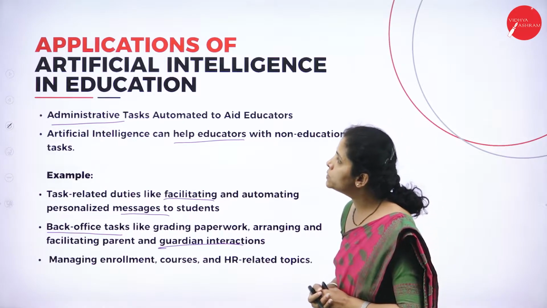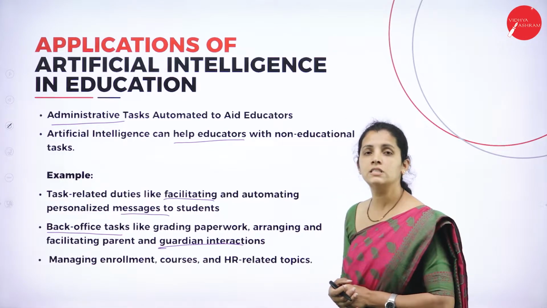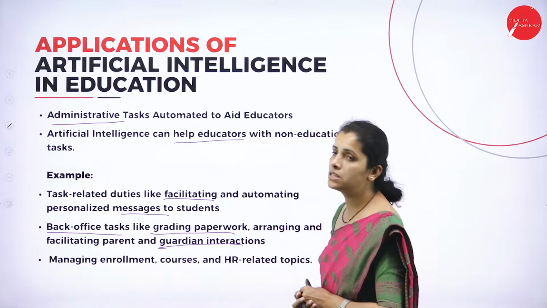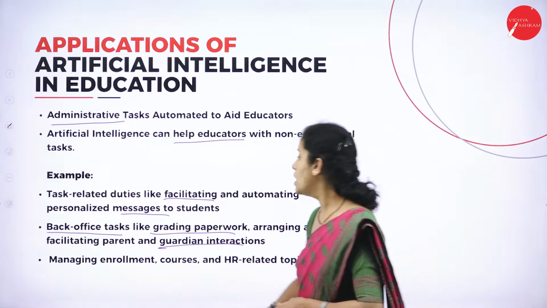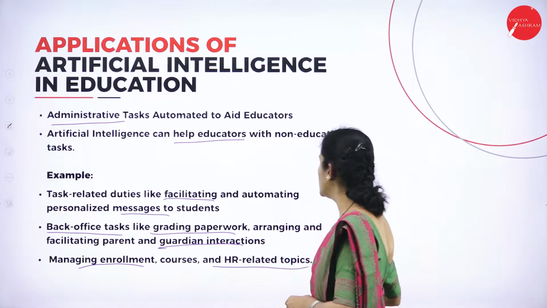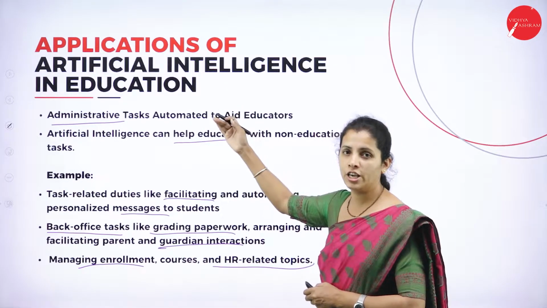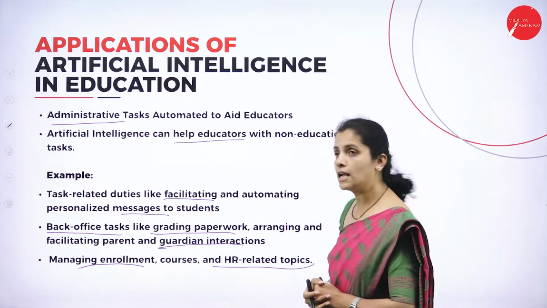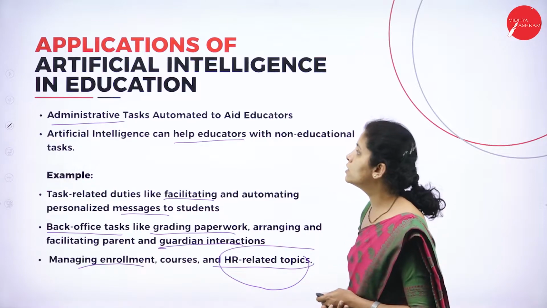So here by using artificial intelligence, we can improve back office work like grading paperwork, and arranging and facilitating parent and guardian interaction. It also helps to manage enrollment, course and HR related topics. That means by using AI in the field of education, we can manage the enrollment of students as well as course information as well as all the HR related topics.